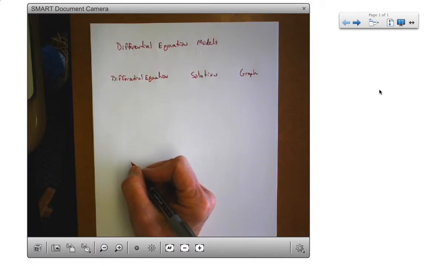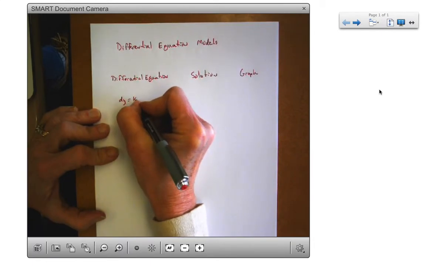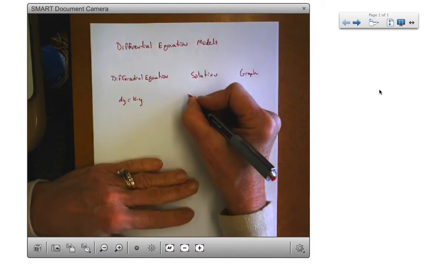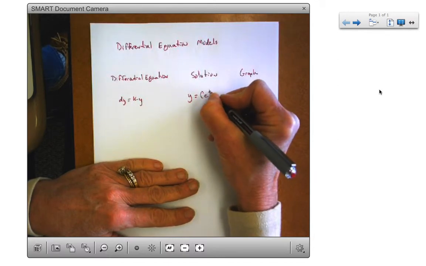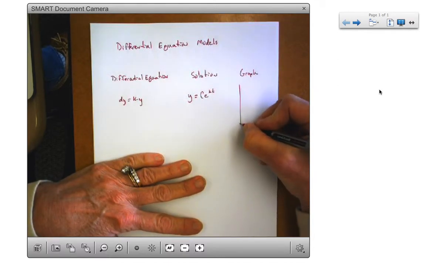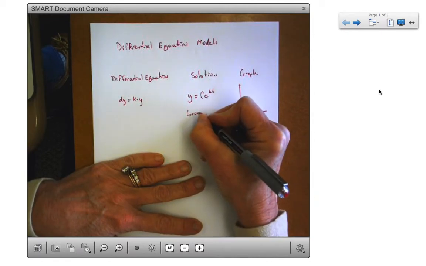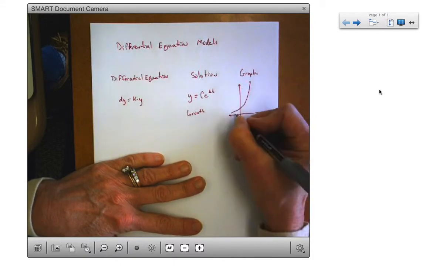We know that if we have a differential equation, dy equals k times y, that's going to give us the solution that looks like y equals c e to the kt. And this is going to represent growth. That is going to be a growth model, and we know it's going to look something like this.